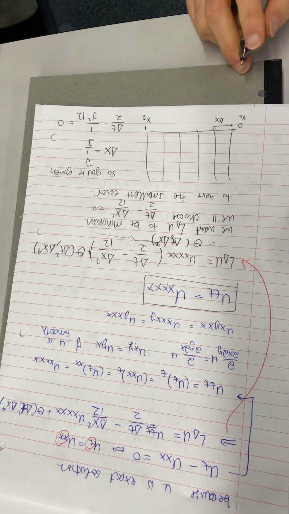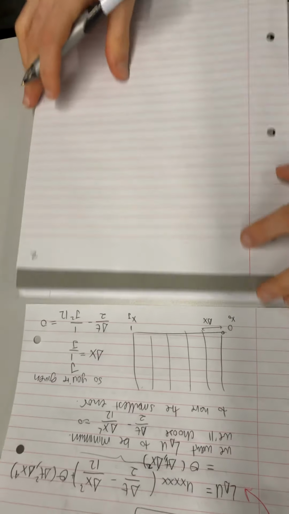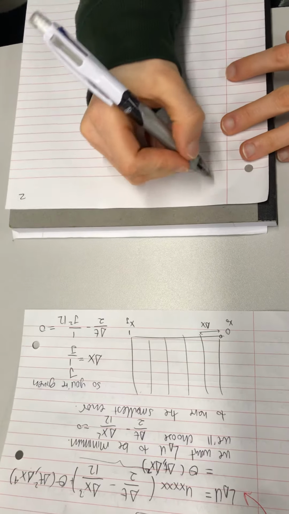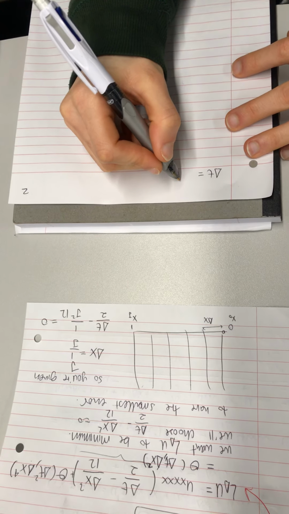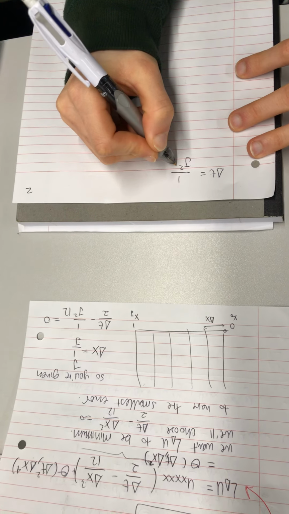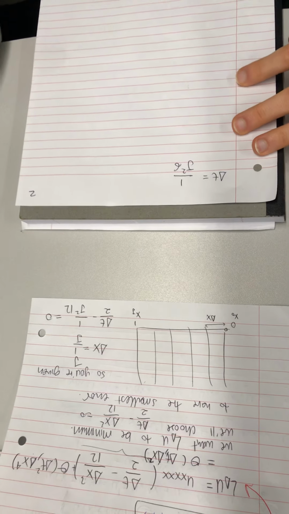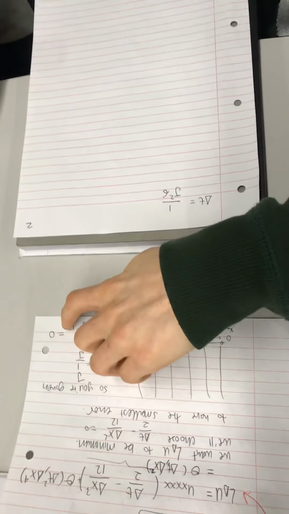So delta t is going to be 1 over j squared times 6, because this 2 goes here, and with 12 it becomes 6.